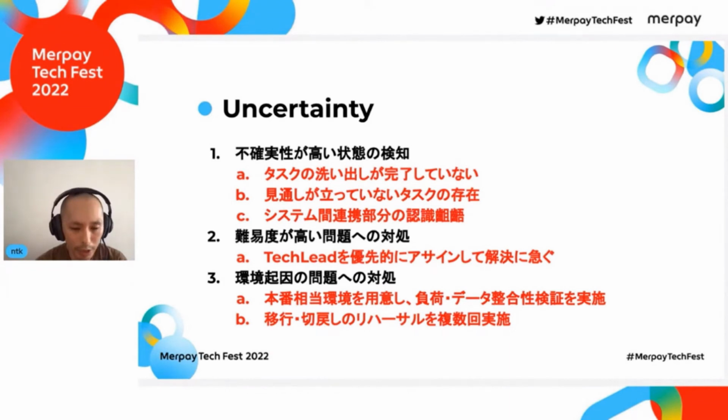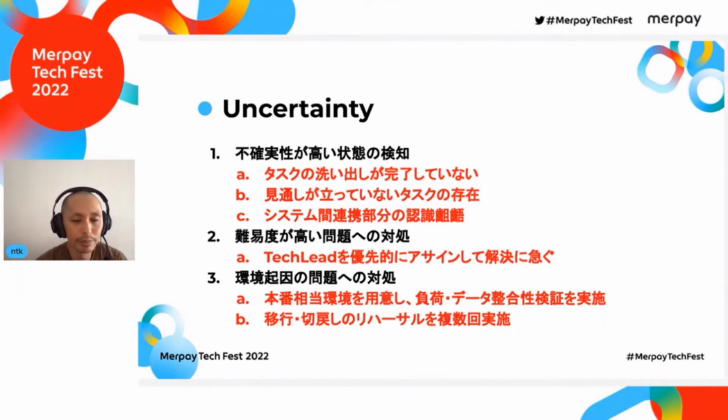Then, during the coordination phase between systems and microservices, we checked for any discrepancies in recognition between the respective system teams or if there were any areas that were left out of their responsibilities.